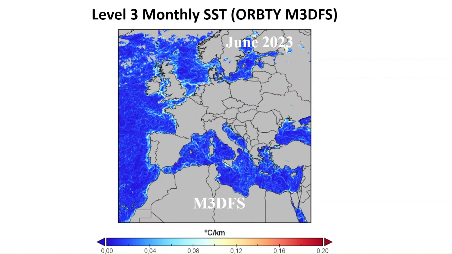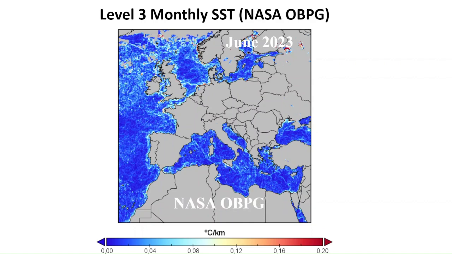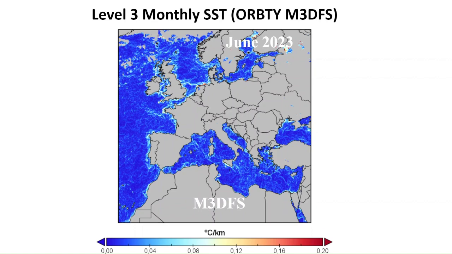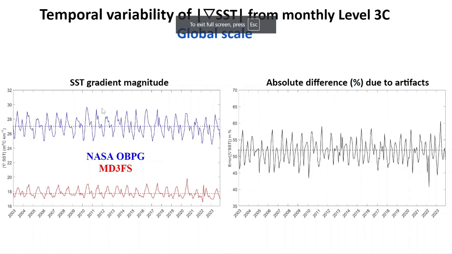And well, since these artifacts have signature in the spatial domain, surely they're going to affect the temporal variability of observed SST gradients. So here are the time series of SST gradients for almost the entire MODIS mission, derived from NASA's OBPG Level 3 monthly SST, and the time series for the gradients computed on the M3DFS Level 3.